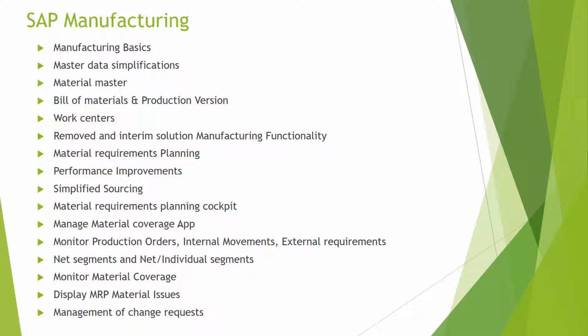So we have many monitor production order apps available, and the monitor internal requirements app. Then actually we are going to discuss the monitor external requirements. With the monitor external requirements app, we can monitor the uncovered requirements originating from sales orders and stock transport orders in the selected area of responsibility.